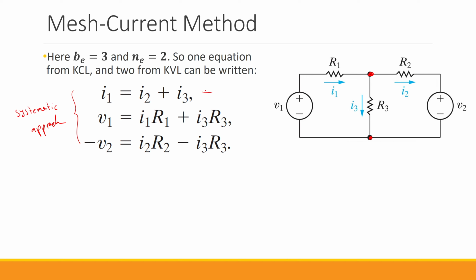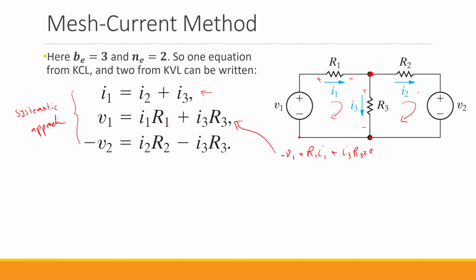So if I rearrange that, that is what I get. Then we have these 2 loops. So if I start from this point, I have negative V1 plus R1 I1. Following the passive sign convention, I consider the polarity to be like this, plus I3 R3 equals 0, which if I rearrange it, will be the second equation.